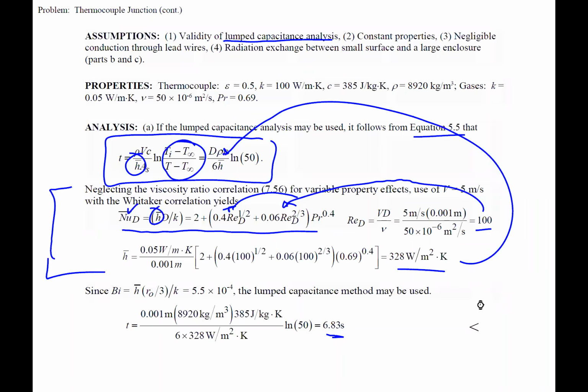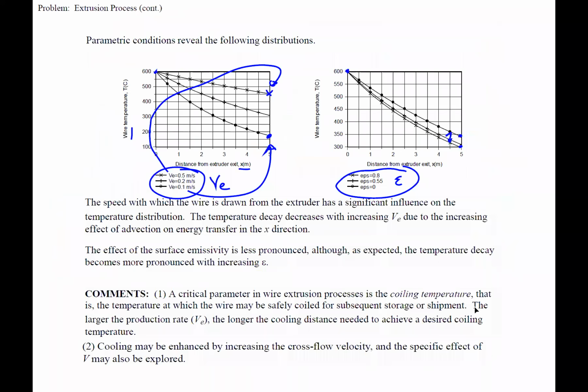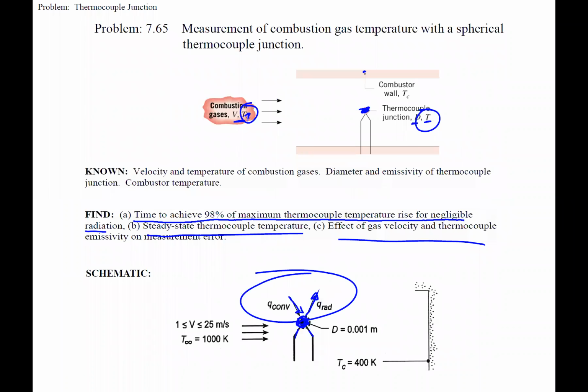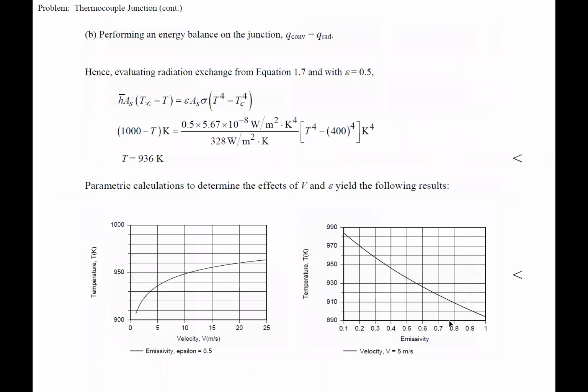Okay. Part B is a steady state temperature, so that's just conservation of energy of convection and radiation. In this case, we're setting them equal. We solve, we get 936. And remember, T infinity is 1000.